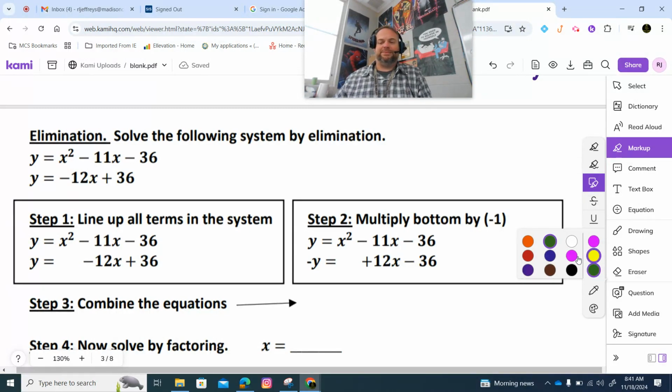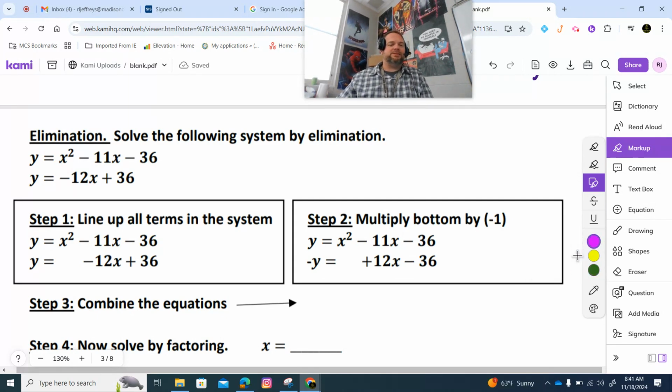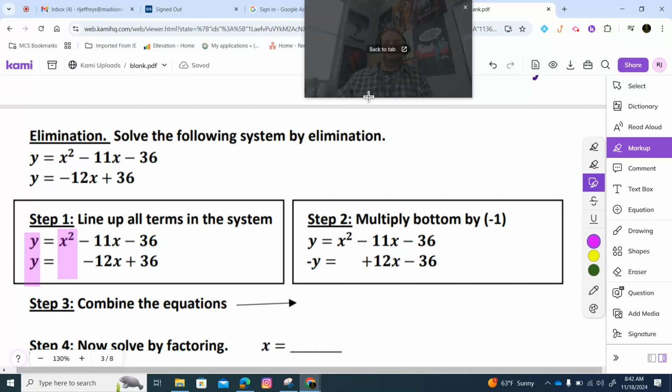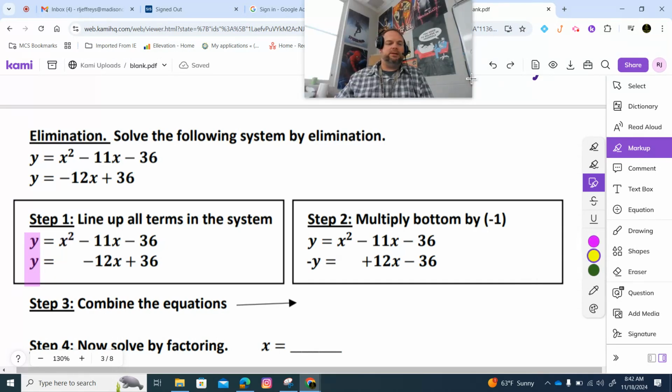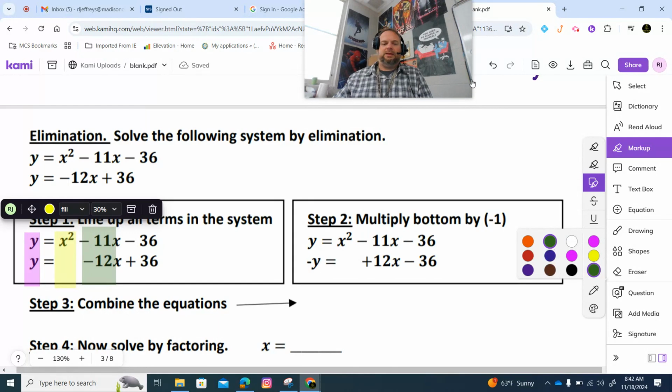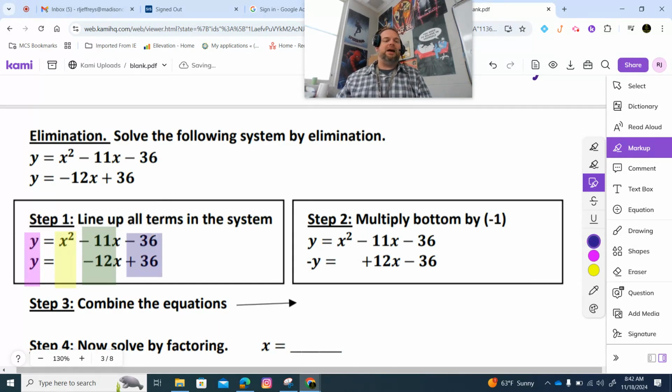Okay. So, step one. So, here's our stuff. Line these up. I got all my Y's in one column, all my X squareds in one column, all my X's in one column, all my constants in one column.